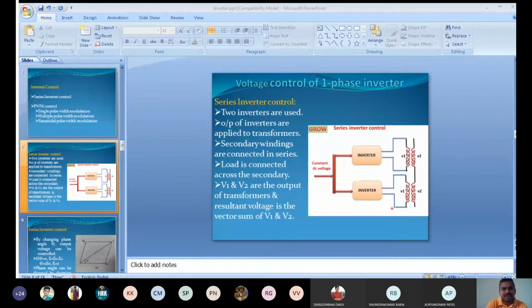In this manner the triggering pulse is generated. Now in single pulse width modulation, only one pulse for each half cycle, hence the name single pulse width modulation method.